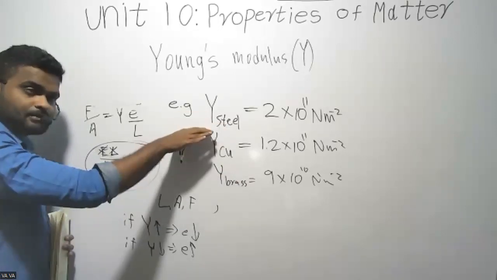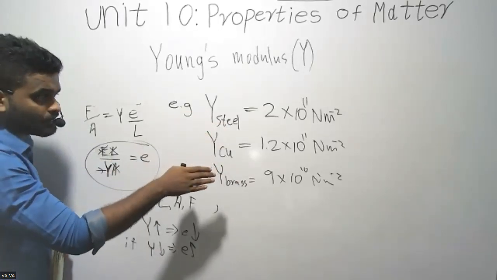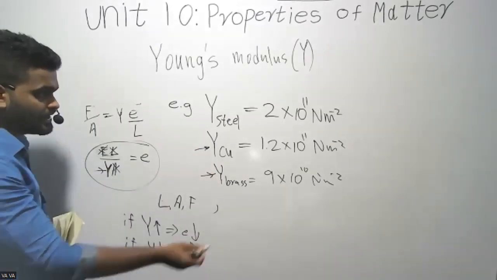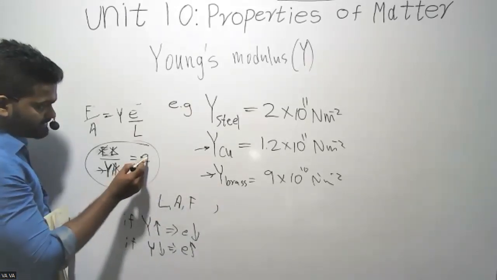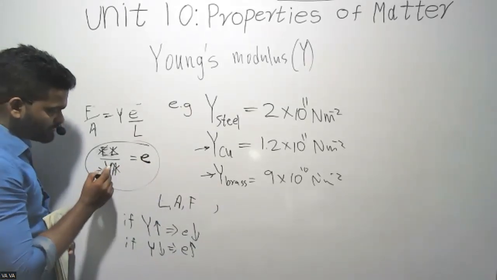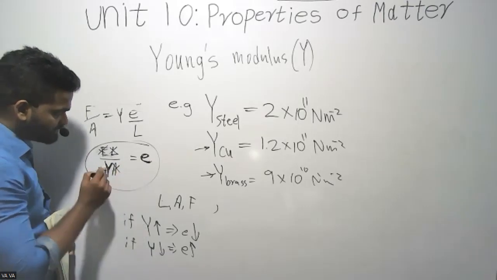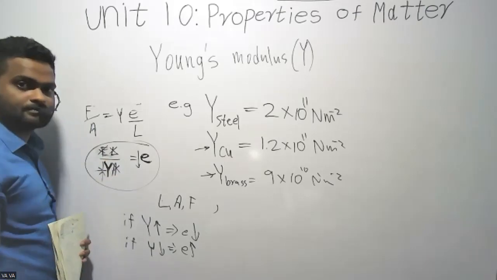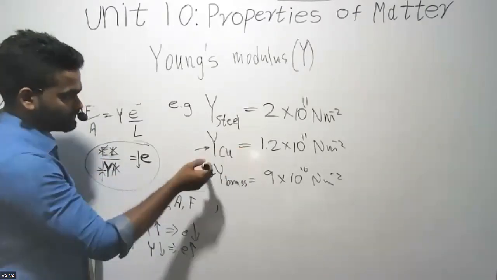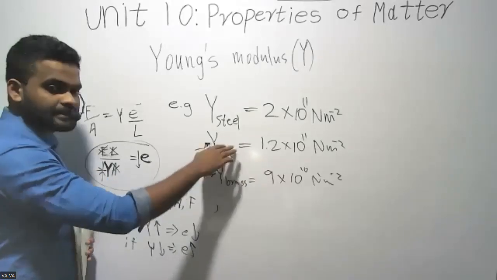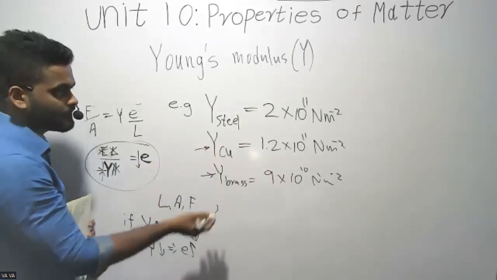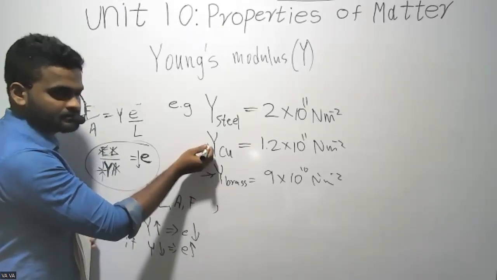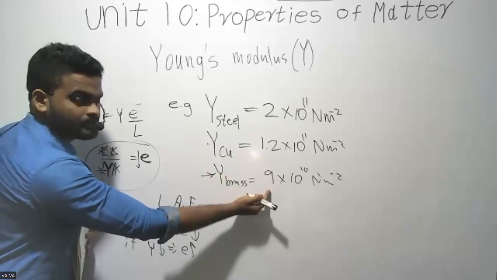Let's say one rod is brass, other rod is copper. Since E is inversely proportional to the Young's modulus, when Y is higher, E is lower, right? So here if you have two identical rods and you are applying the same force, extension of copper will be less because its Young's modulus is higher compared to brass.